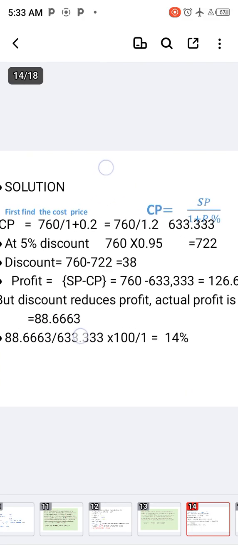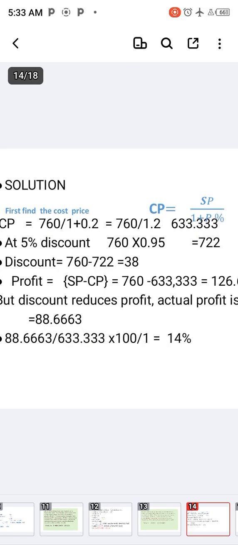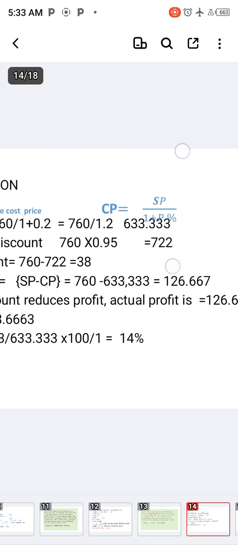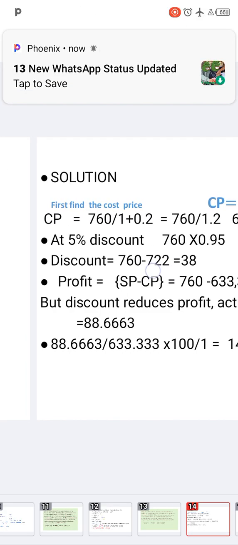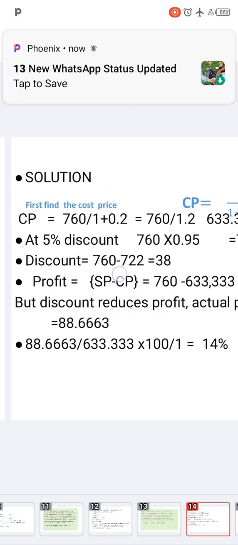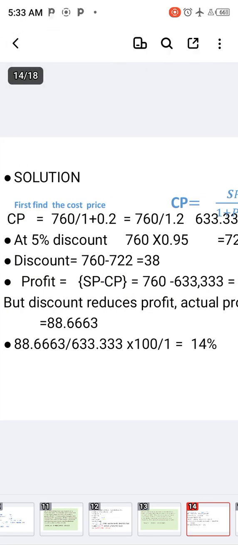Now you say, first find the cost price. The cost price is given by the formula cost price is equal to selling price over 1 plus profit percent, which is the same thing as 760 over 1 plus 0.2, 0.2 being the percentage profit.